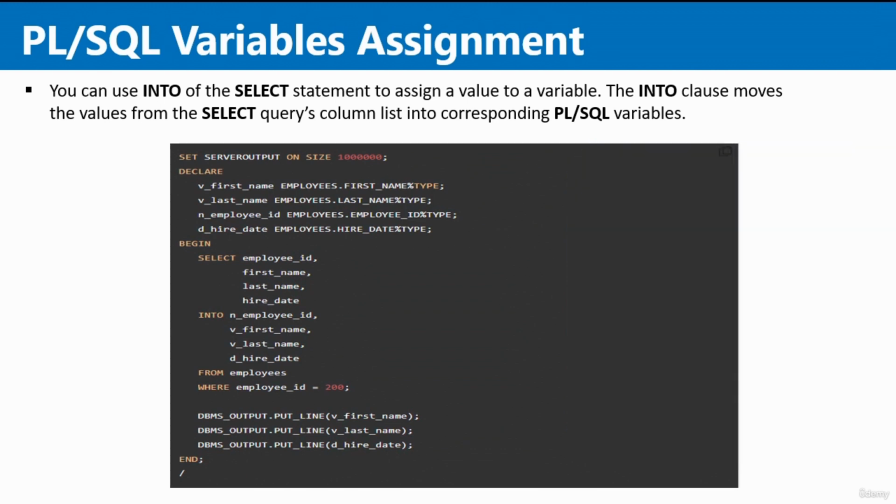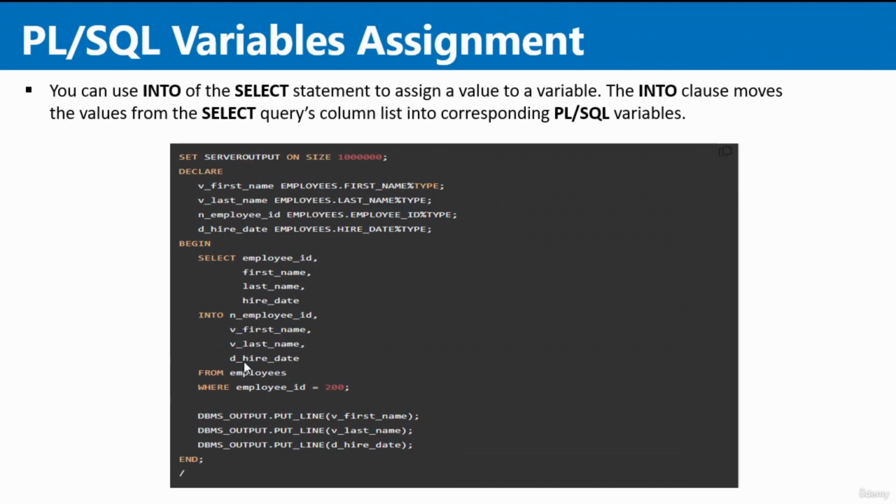So if we take a look at the begin part of the block, we have the SQL query where we're selecting the employee_ID, the first_name, the last_name, the hire_date. Okay, and then we're using the into clause to move those values into the variables.